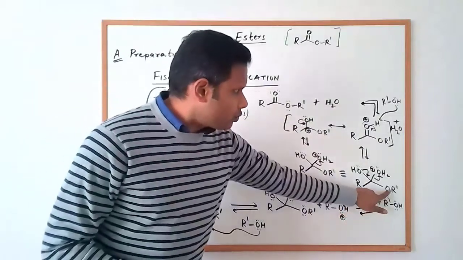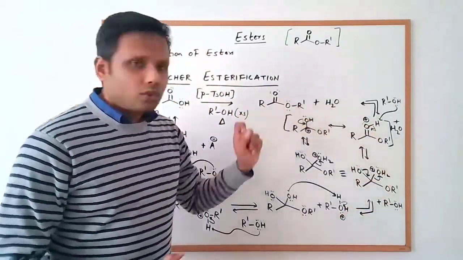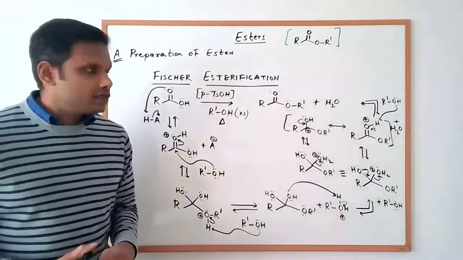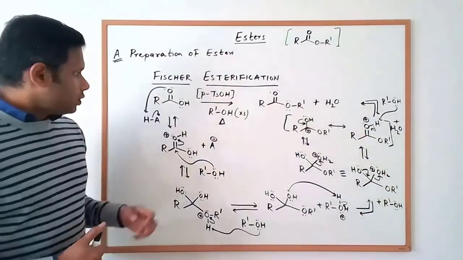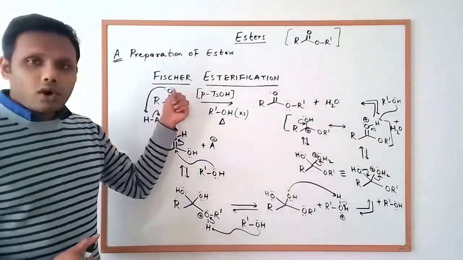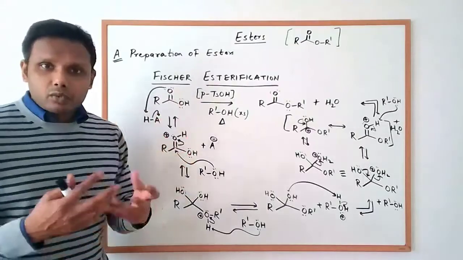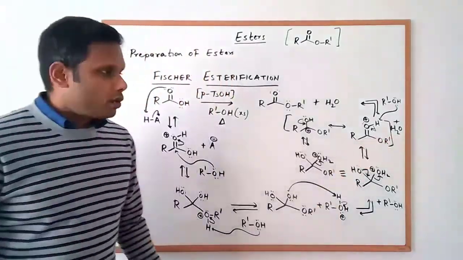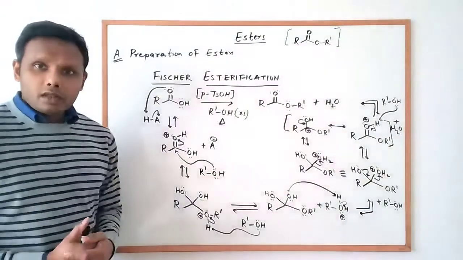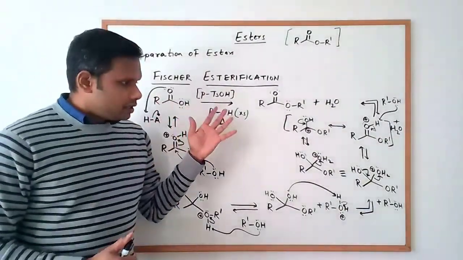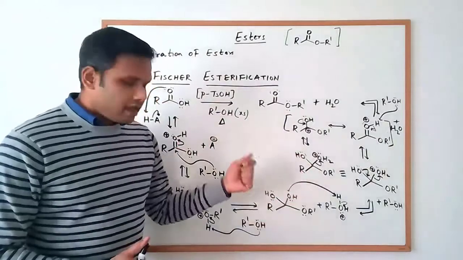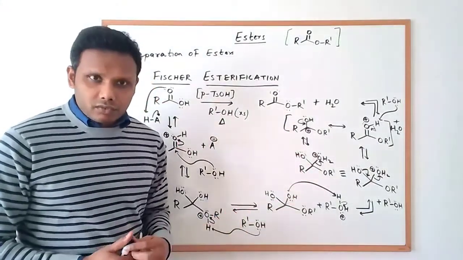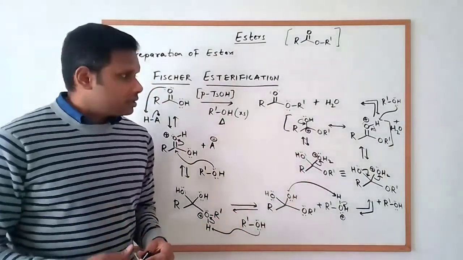It stays throughout and finally becomes the ester oxygen. So the hydroxyl group in the carboxylic acid, in a very broad sense, is what's lost as the water molecule here.